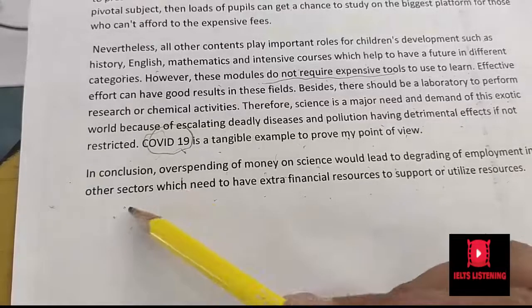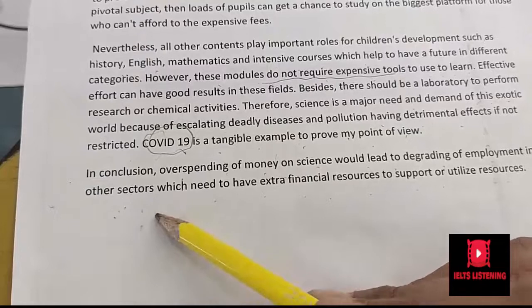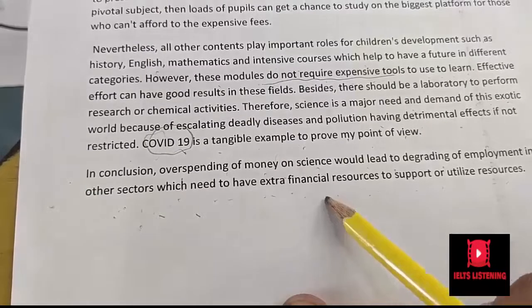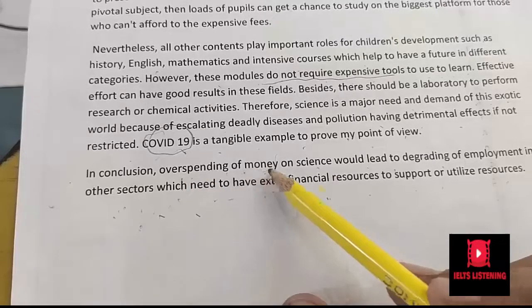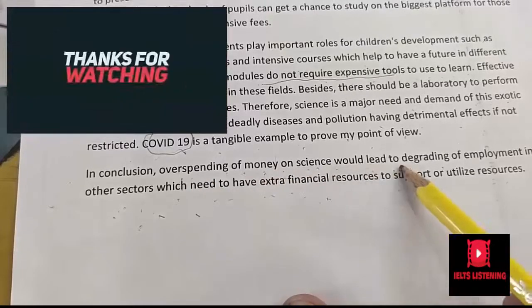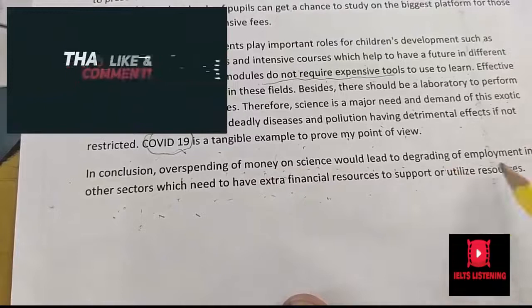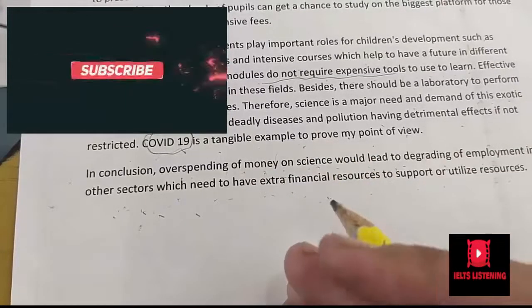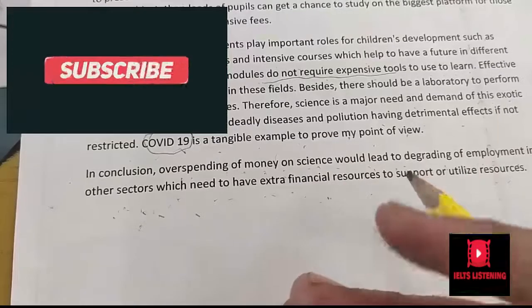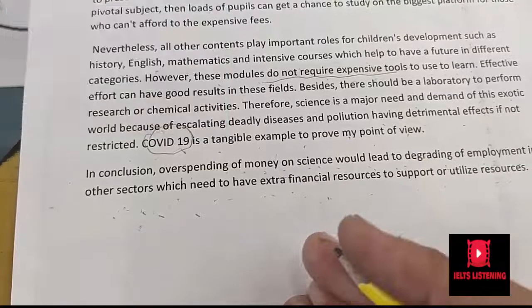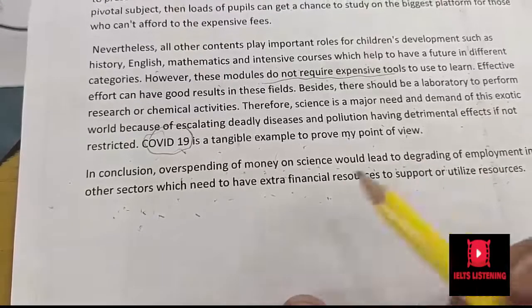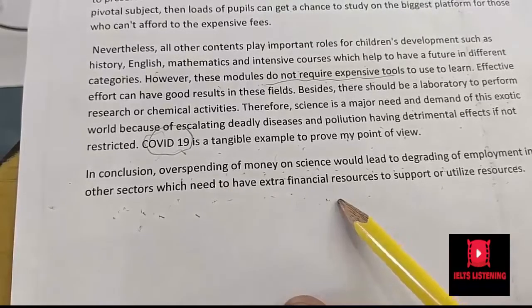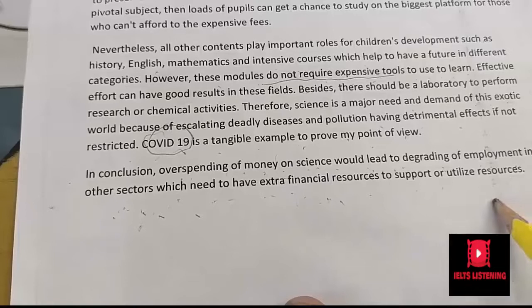I meant to say the other sectors, such as science, math and others, need extra financial support. Because there would be no employment in other sectors, there would be fewer seats or positions in fields. But science needs extra financial resources to support or utilize these resources.